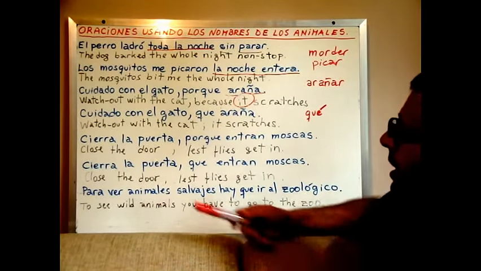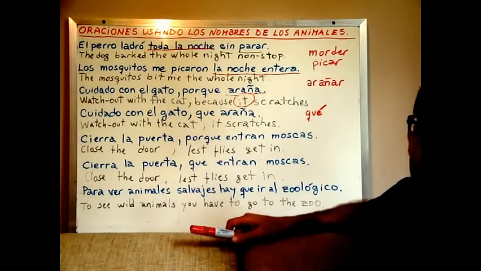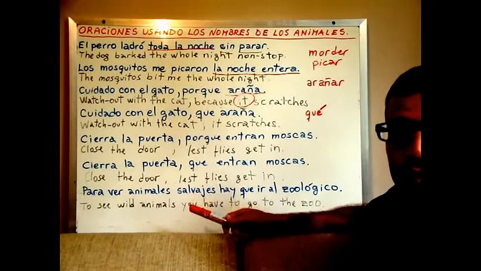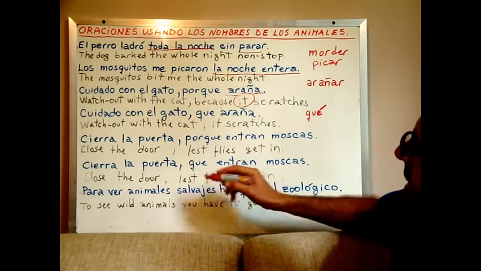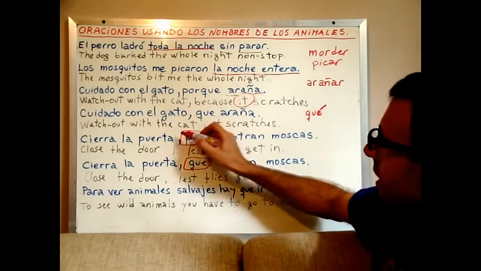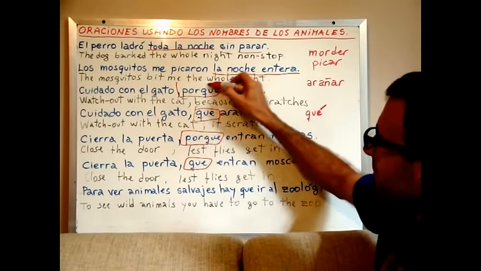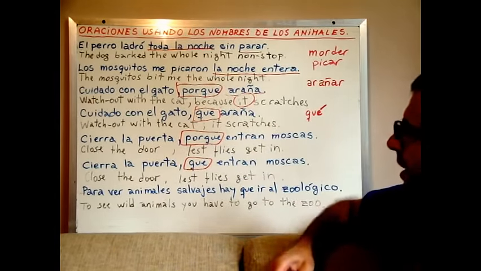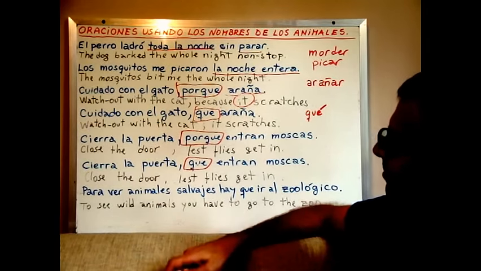So it would be like saying close the door lest flies get in, or close the door because flies get in, right? But you can see how in Spanish we can say the same thing with these two words, okay? This que is the word that in English.